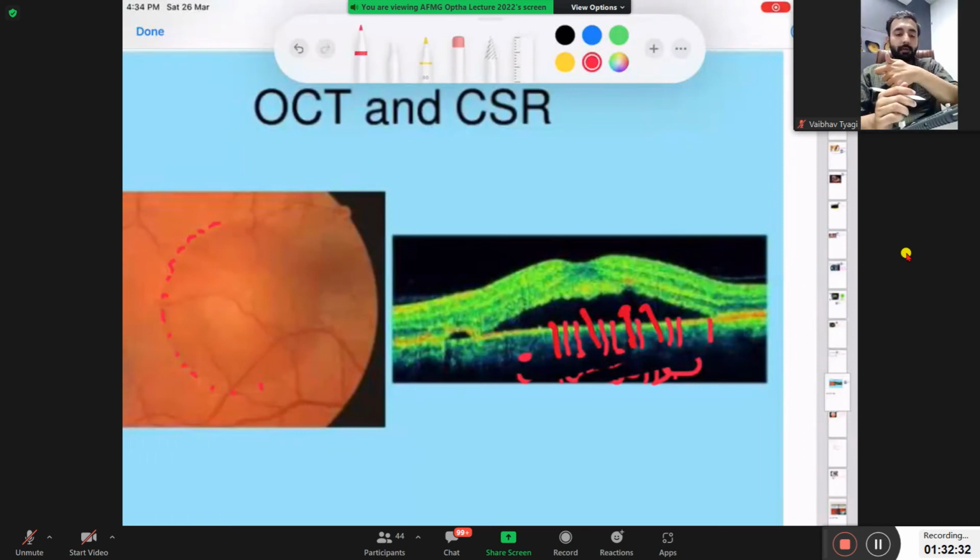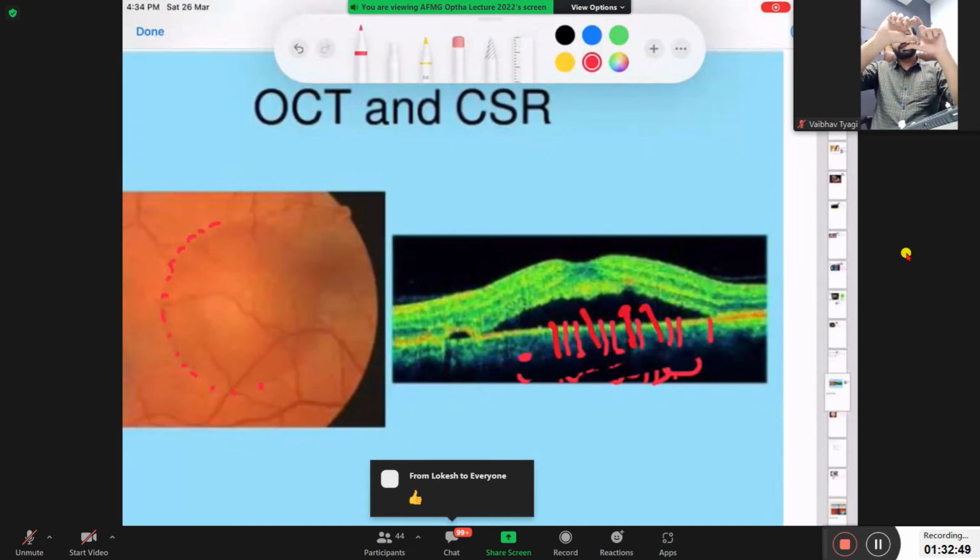Give me a thumbs up if it is clear. There is leakage of choriocapillaries in the choroid. Leaked fluid through the fenestrations in RPE gets collected in the subretinal space, and the rest of the 9 layers get elevated also. Clear?